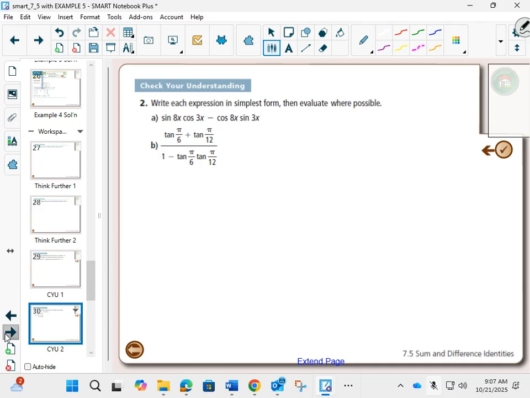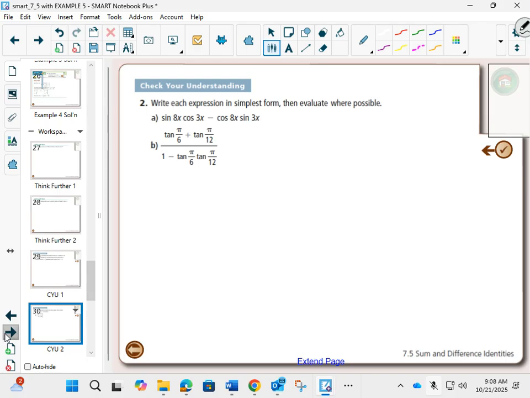So for example, in this first question, I have sine cos minus cos sine. The first thing I would do with my formulas, these new formulas, is I would memorize the basic structure of them. If you have sine, cos, and cosine, and 4 of them added or subtracted, that sure looks like one of these new 4 formulas that we've had.